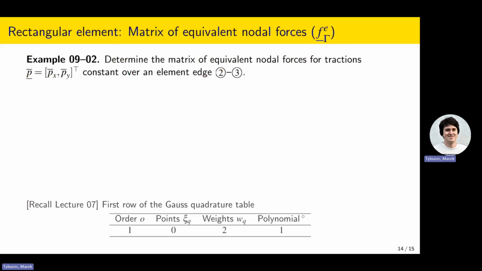So again, this would be some F gamma P, element E. So the question is, what is now this integration again?